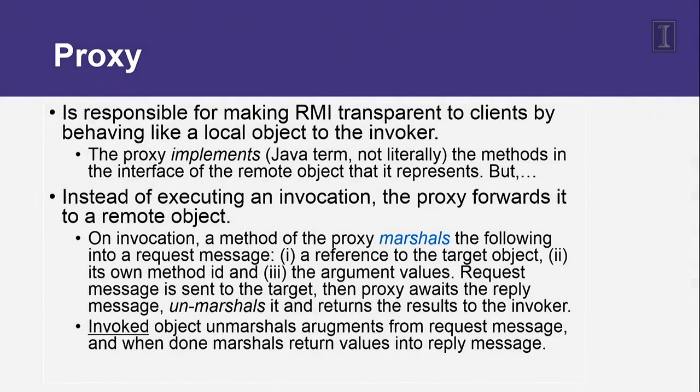The proxy is responsible for making RMI transparent to the clients. It's the interface. It's like an API. It really separates out what the computation is on the client side from all the mechanism that's needed. The proxy is going to forward that request. That request will be formatted.